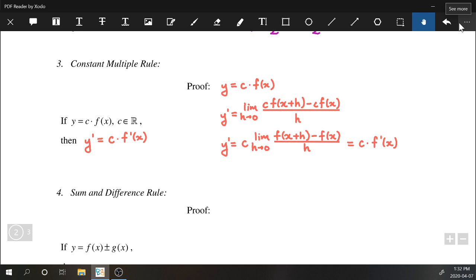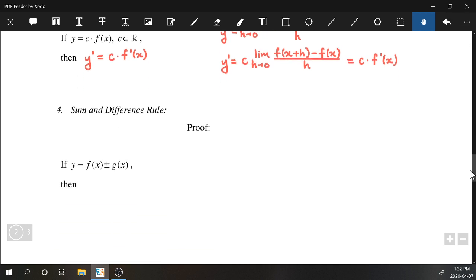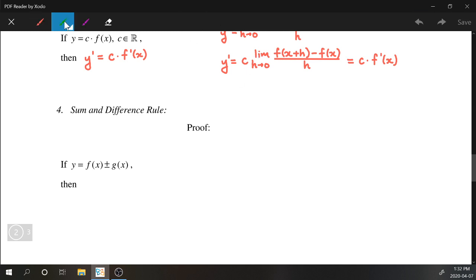So next up, we have the sum and difference rule. It's pretty intuitive. You're going to use the same difference quotient proof if you like. But the derivative is just going to be y prime is equal to f prime of x and then plus or minus g prime of x.